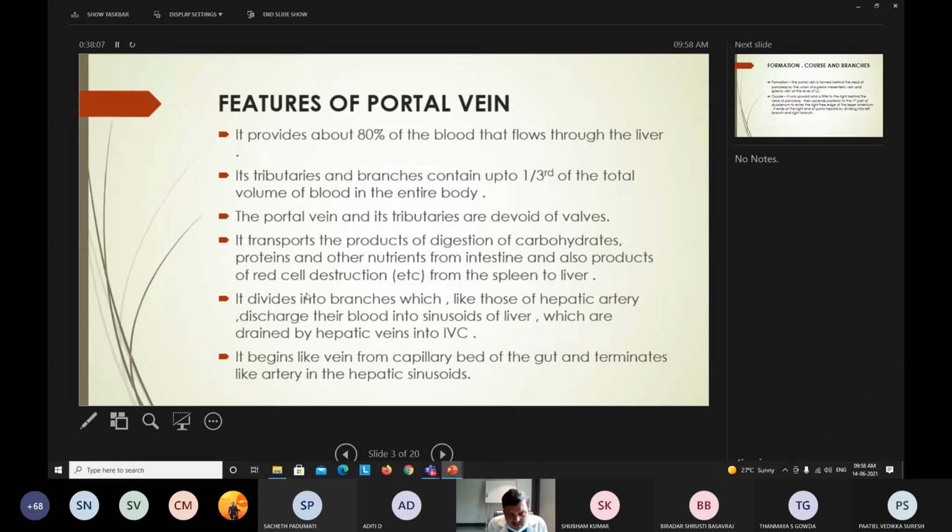Understand? And it is very short. It measures only 7.5 centimeters in length. The first part is behind the neck of the pancreas. The second part is behind the first part of the duodenum. The third part is in the right free margin of the lesser omentum. Okay.